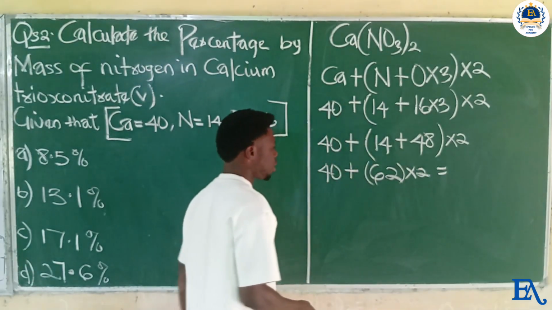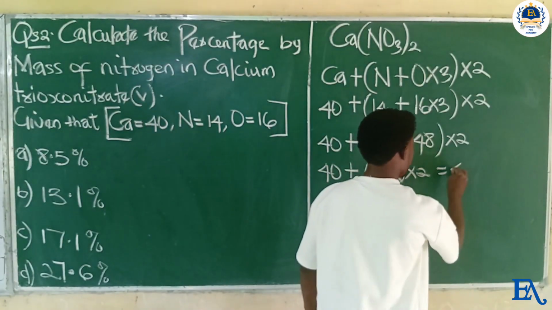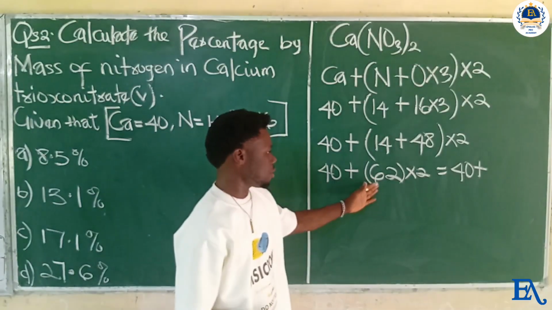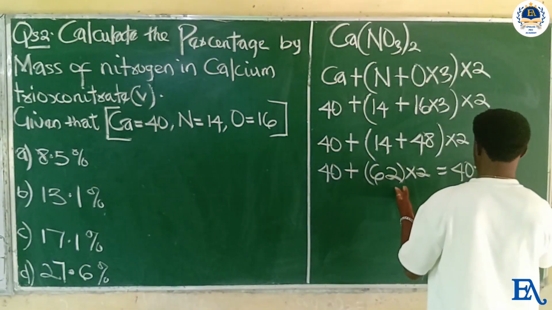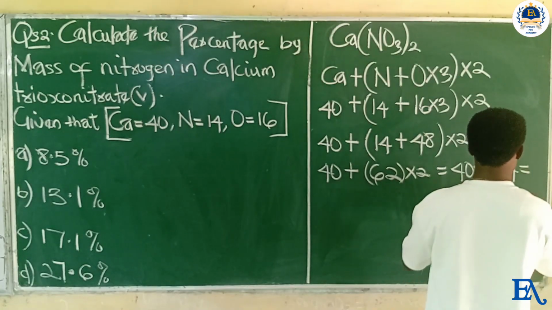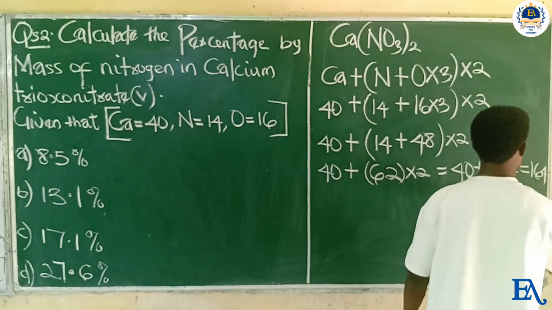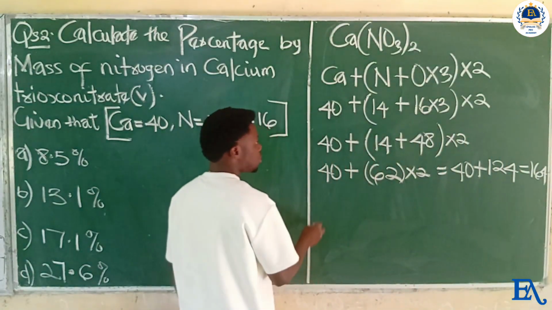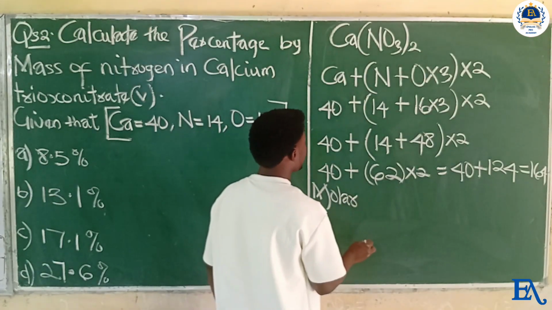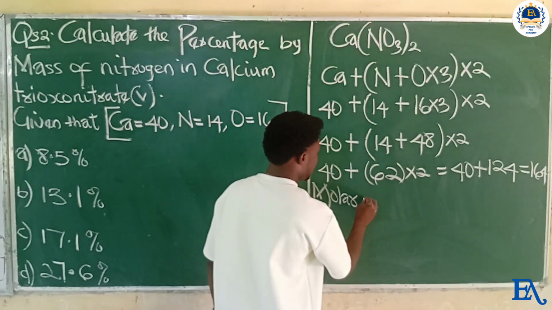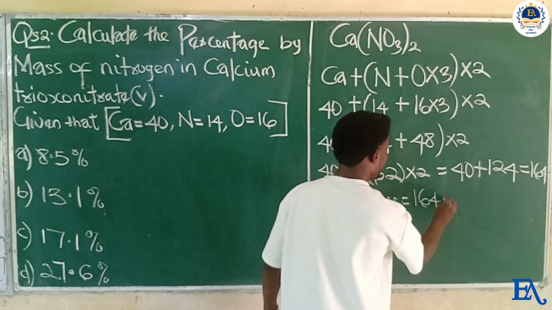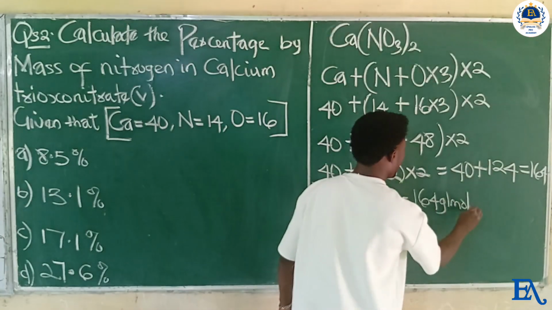So when you sum up, you are going to have 40 plus 124. If you add up, you are going to have 164 gram per mole. Therefore, the molar mass of calcium trioxonitrate(V) is equal to 164 gram per mole.